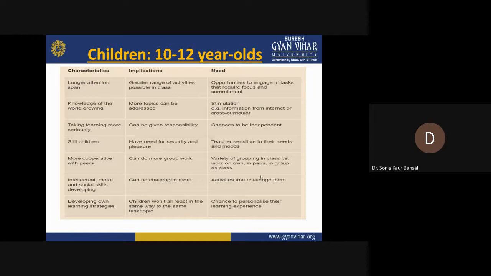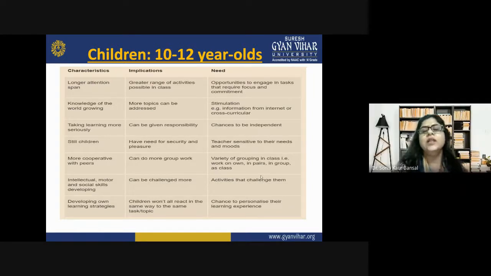So students, we have discussed the important stages, that is 0 to 6 years, then 7 to 9 years, then 10 to 12 years, and we have seen the characteristics, implications and needs of that particular age. When we are talking about developmental stages of learners, it is really very significant from the point of view of a teacher, because the teacher has to plan how to teach the children.